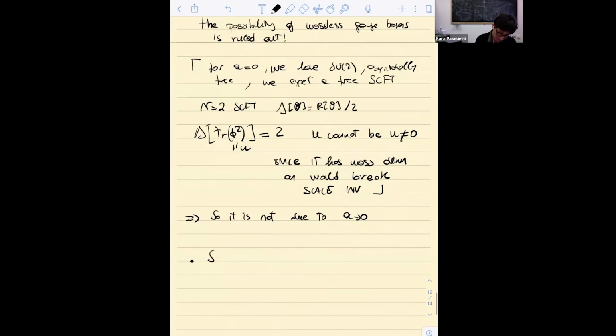So Seiberg-Witten proposed that at u equal to u_s, this singular point, a monopole becomes massless.